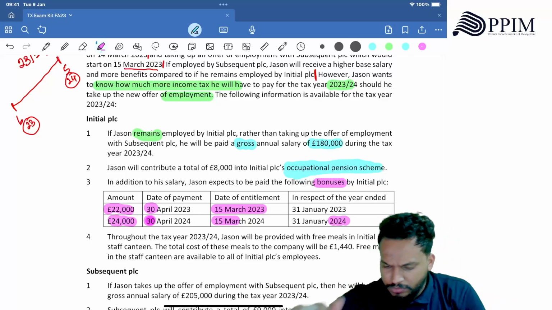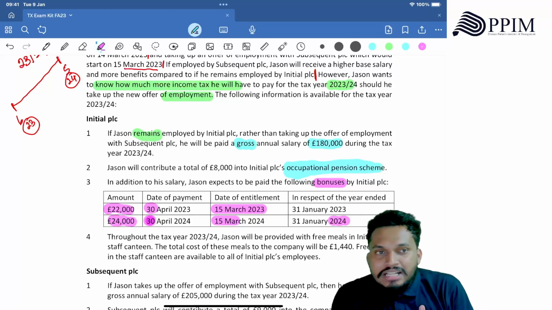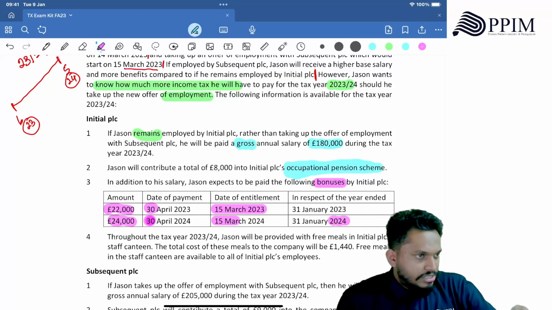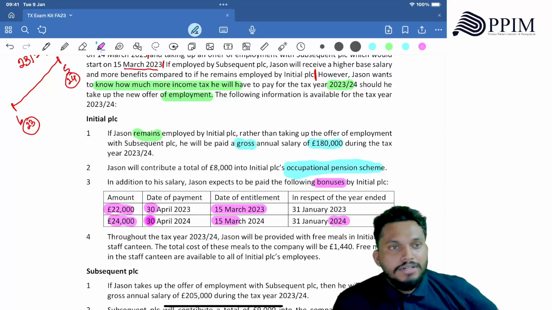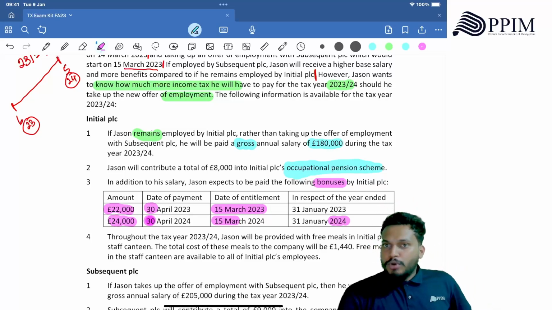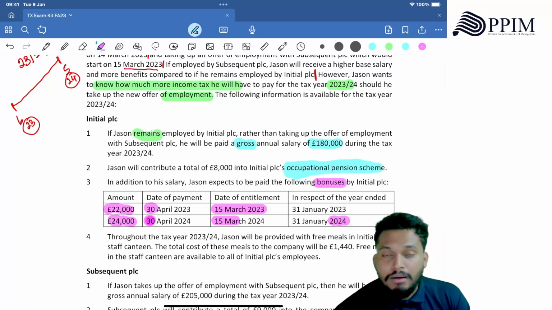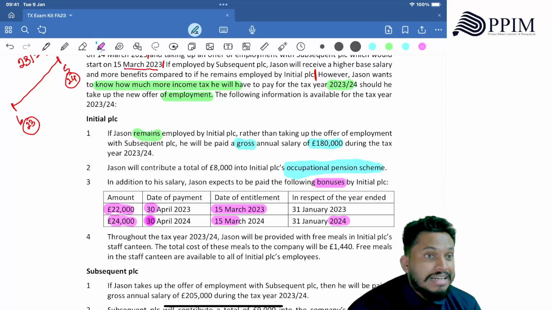Now, what is a bonus? Bonus is an extra income that an employee is receiving from his employment. But the problem is not that. The problem here is, what is the bonus income that you need to take to your tax period?